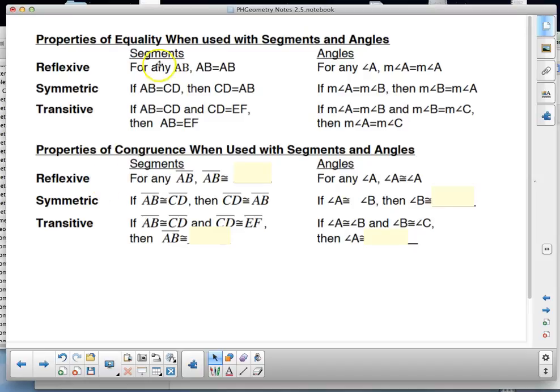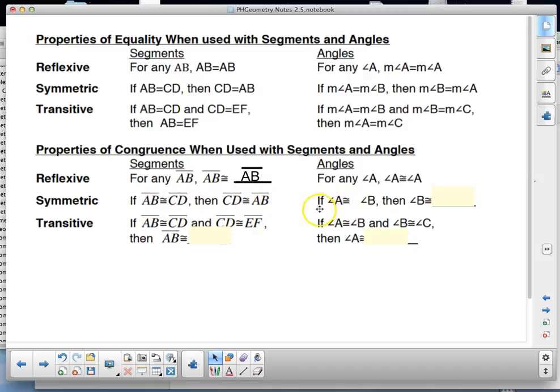The reflexive property is very similar, except these are congruent and those were equality. So, the reflexive property of congruence. For segments, segment AB is congruent to segment AB. For angles, actually not AB, but angle A is congruent to angle A. Symmetric: if segment AB is congruent to segment CD, then segment CD is congruent to segment AB. You notice the flip-flop with symmetric.